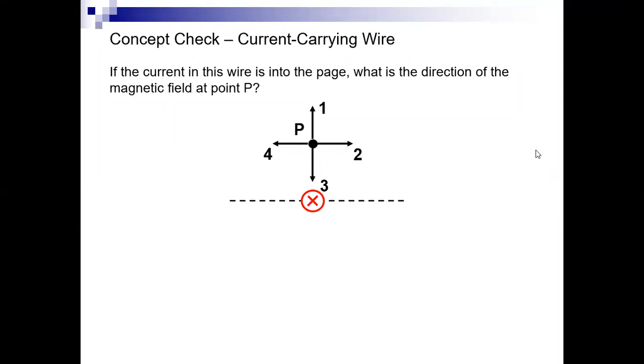What will be the direction of the magnetic field? The direction of the magnetic field is clockwise. Okay, clockwise.